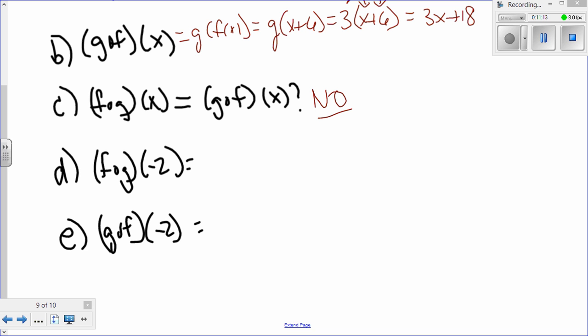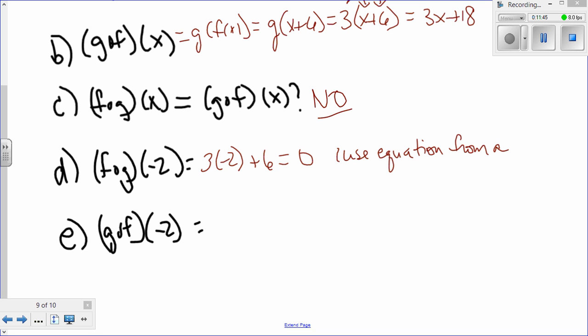I can use my rule of composition and use the equation from part A. So I'd have 3 times negative 2 plus 6, and that would be equal to 0. Or I could take negative 2, substitute it into g first, then get my answer and substitute it into f.